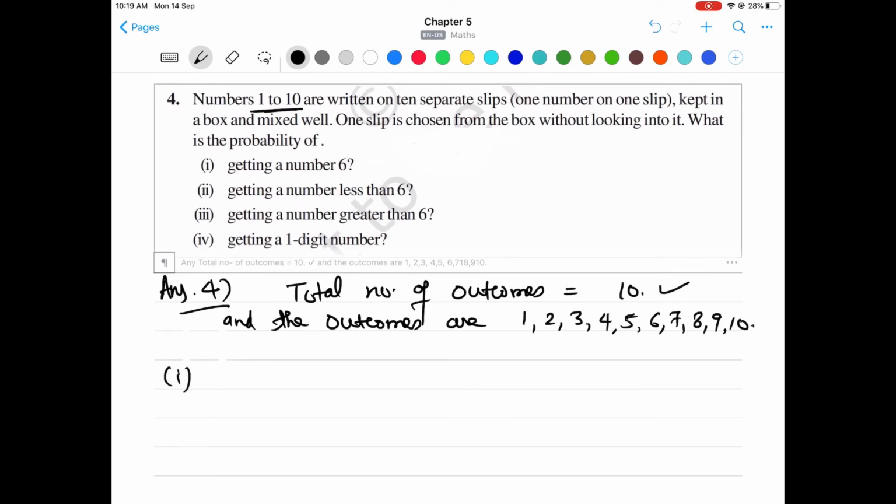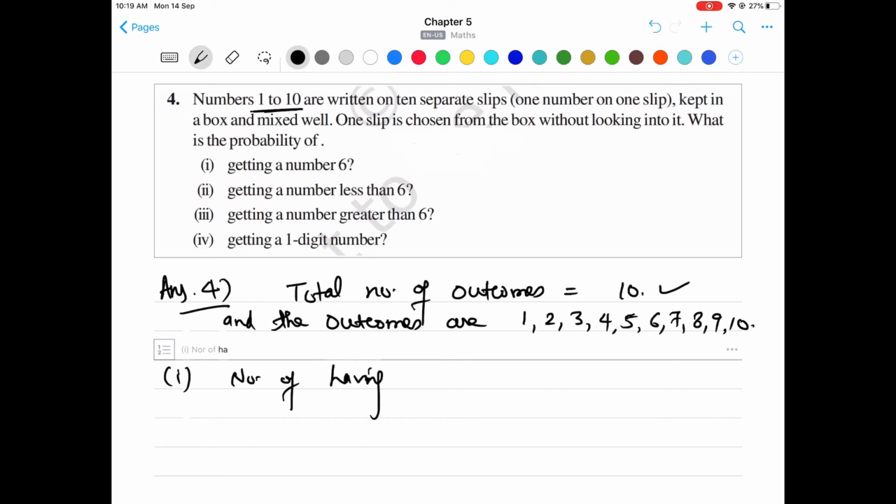Now in the first part we are asked the probability of getting a number 6. So how many times on these slips has the number 6 appeared? That number is only one time. So we'll write, number of slips having 6 written on it is only 1.